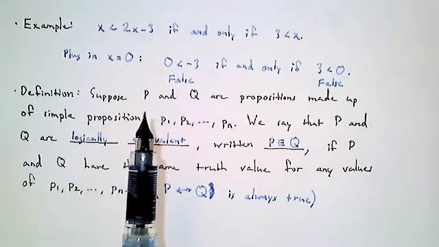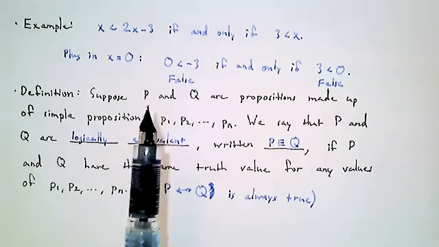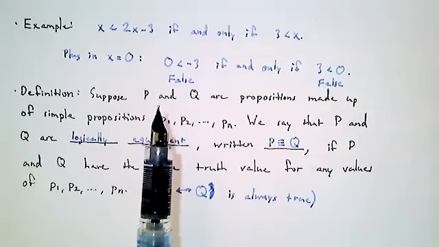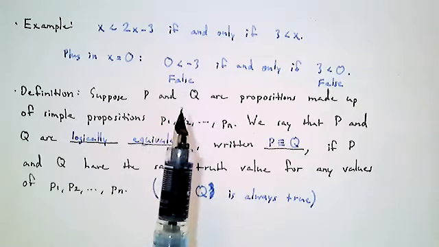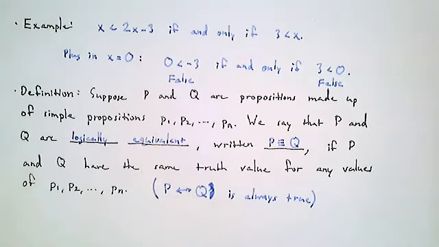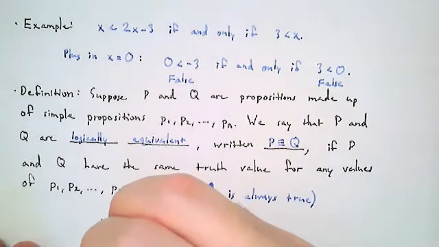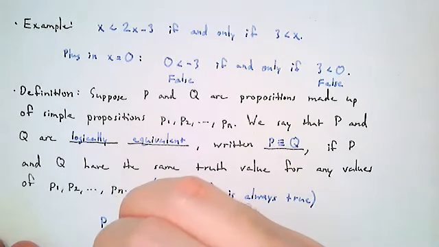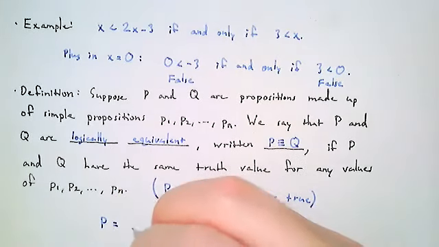So I think something that can be confusing about this definition is what I mean by this first sentence when I say these propositions are made up of simple propositions. So what I mean is that P could look something like this.